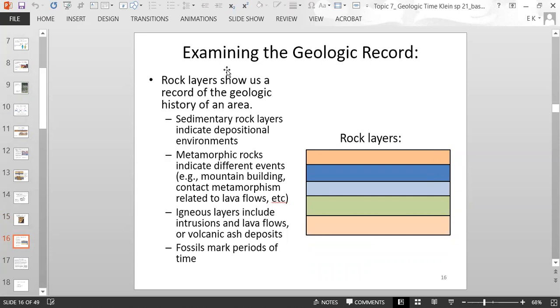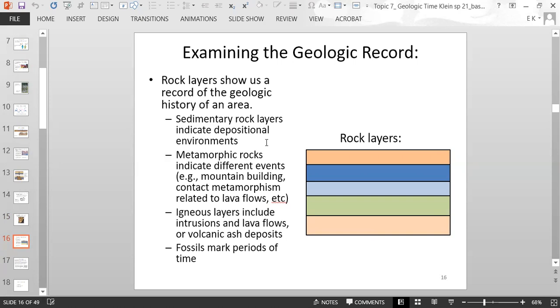So rock layers show us a record of the geologic history of an area. Sedimentary rock layers indicate depositional environments, for example. And you can go back to the sedimentary rocks lecture where we talked about certain rock types indicating that they were formed in a deep ocean. Some rock layers formed near the beach or close to the coast. So the type of sediment and the different features related to the sediments tell us about the environment that the sediments were deposited in.